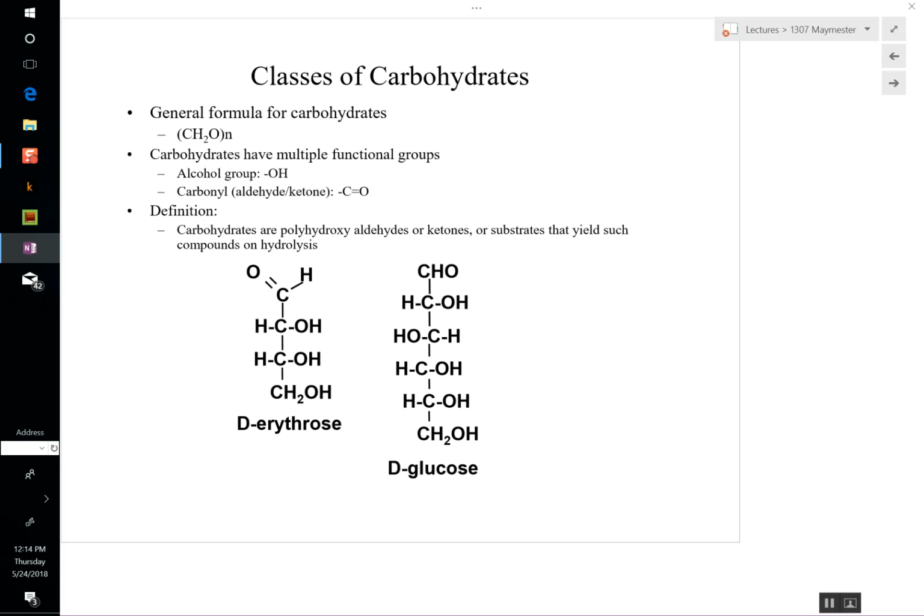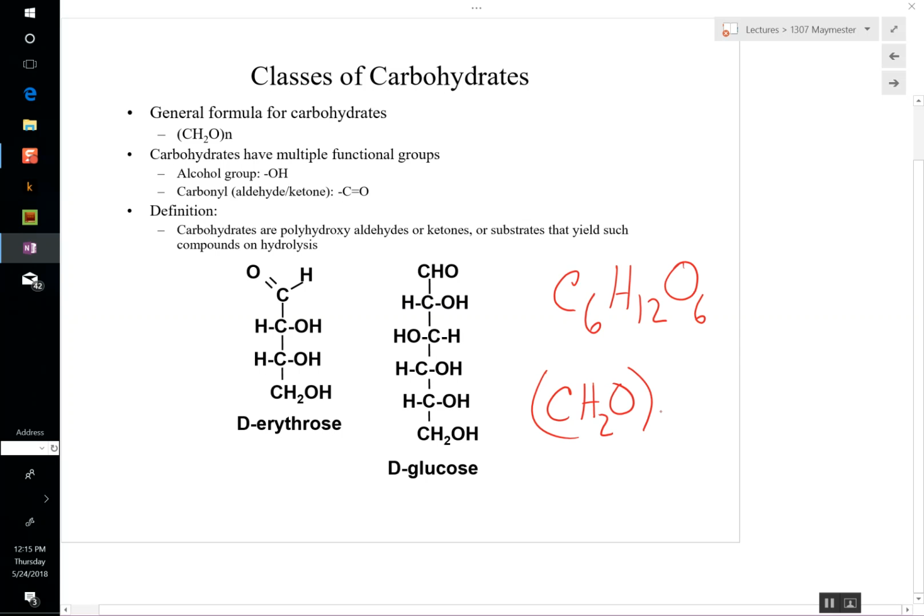And glucose is C6H12O6. It's following that formula. So it's (CH2O)6. You get C6H12O6. Multiply all those by 6. That's glucose.